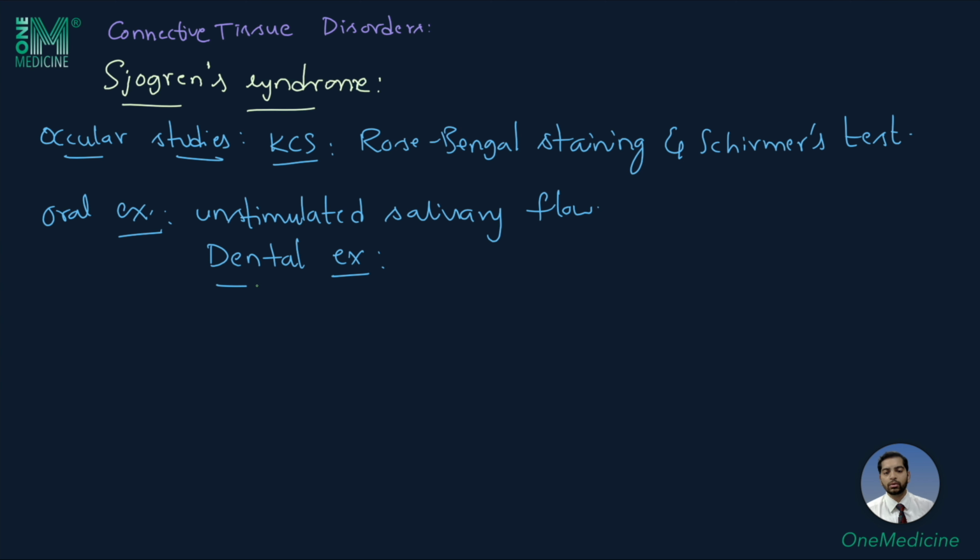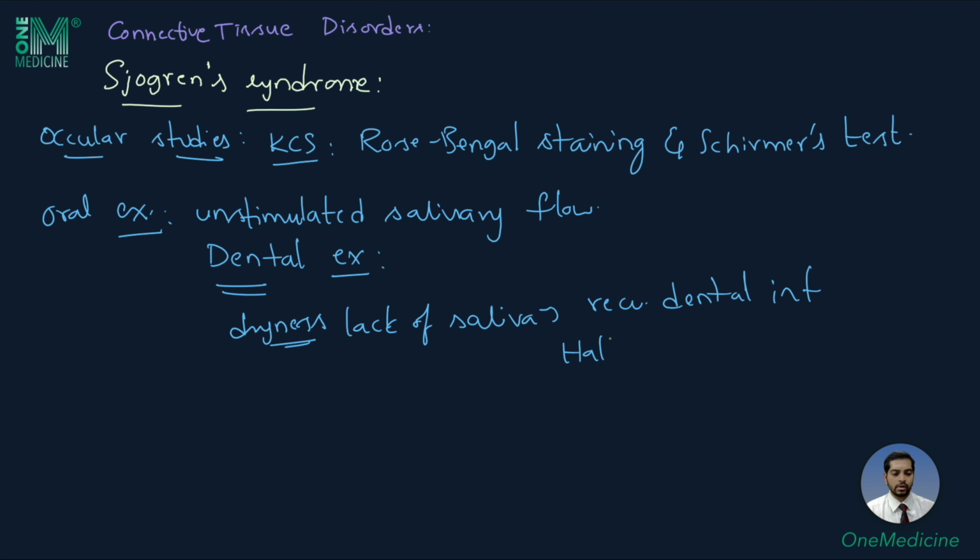An important thing to note in these patients is that due to excessive dryness and lack of saliva in the mouth, patients can come with recurrent dental infections. Patients can also have halitosis. Patients can also have oral ulcerations.